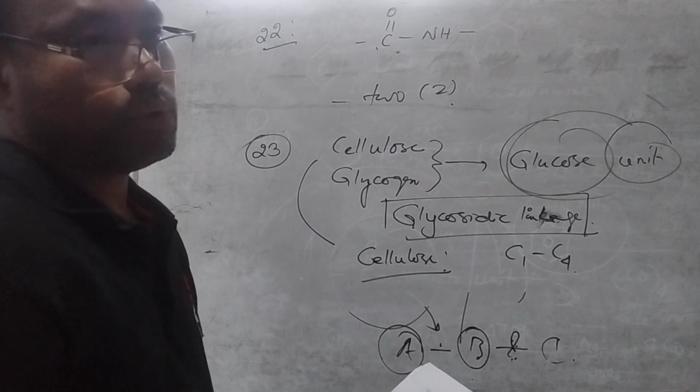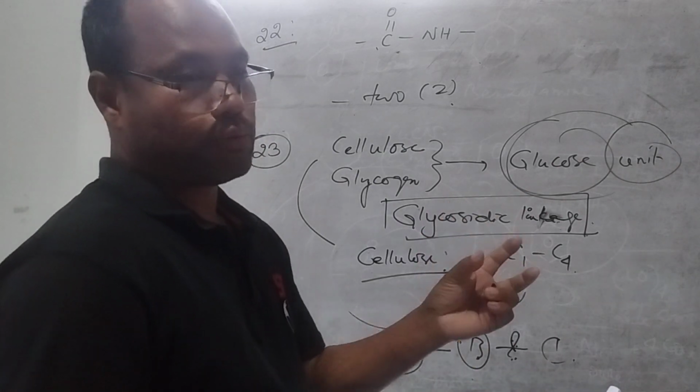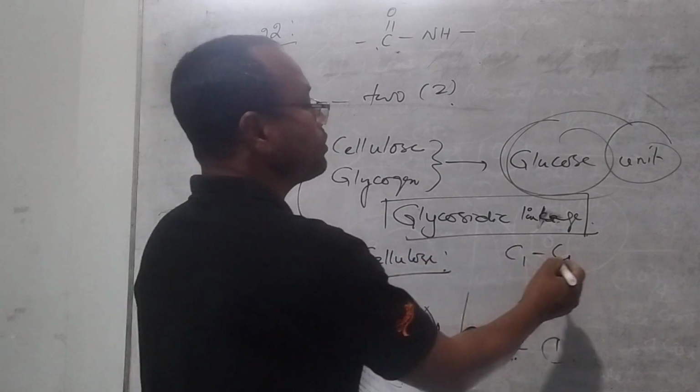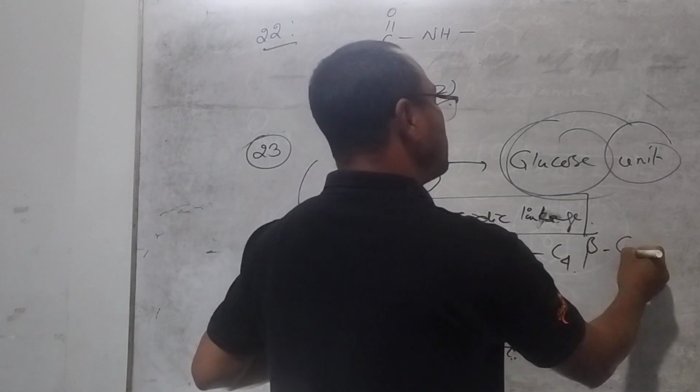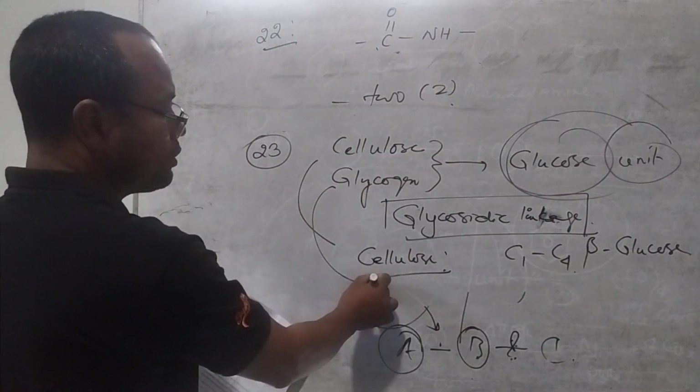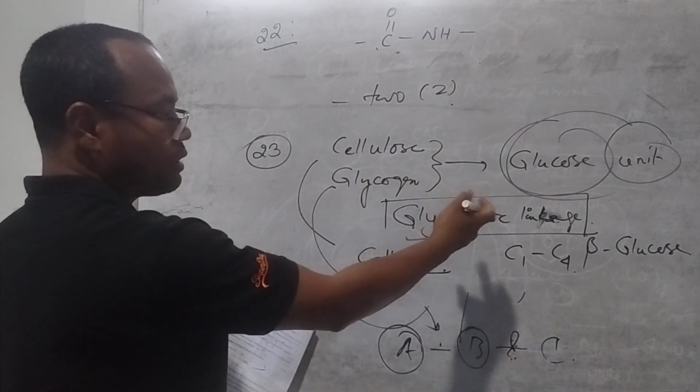But what type of glucose? We have two different types of glucose: one is alpha glucose, another is beta glucose. In cellulose, it is beta glucose, right? In glycogen, what is the glycosidic linkage?